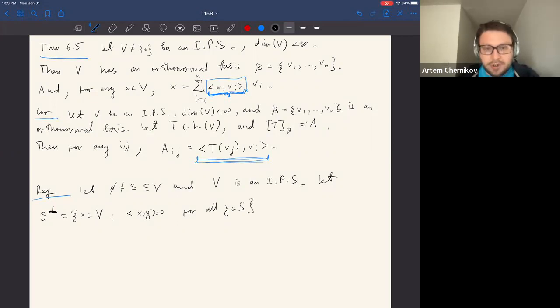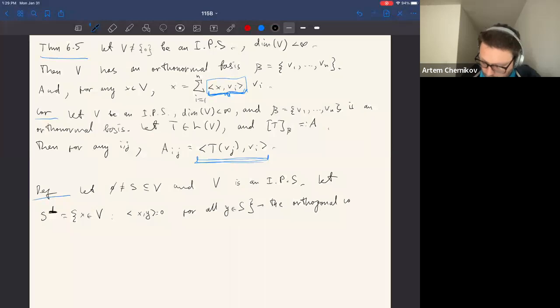So in other words, we look at the collection of all vectors X in V which are orthogonal to all vectors in S simultaneously. This is the set we denote as S perp, and we call this set the orthogonal complement of S.